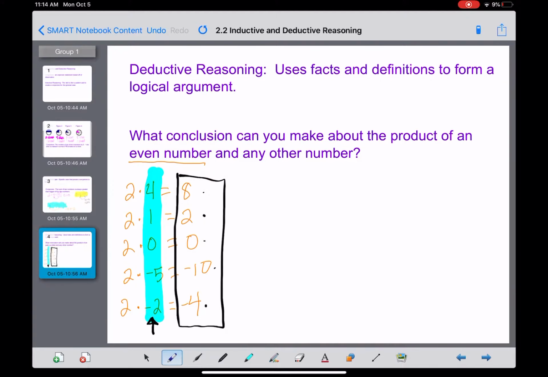And deductive reasoning means that we're going to use facts or definitions that we already know. So I'm going to start off by representing an even number by 2n. We know that this is going to be an even number because anything multiplied by 2 is going to be even.